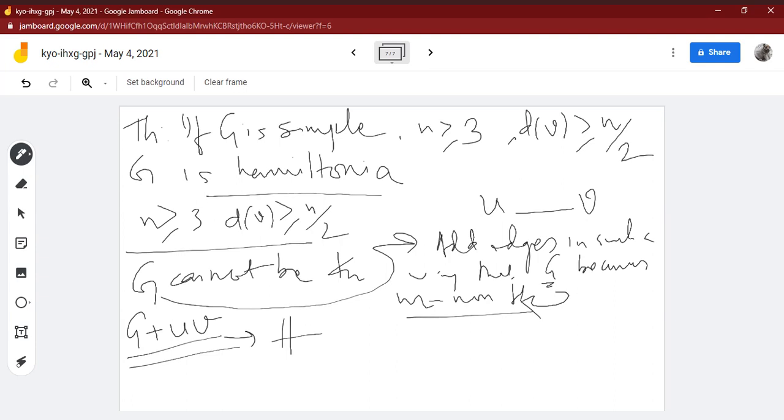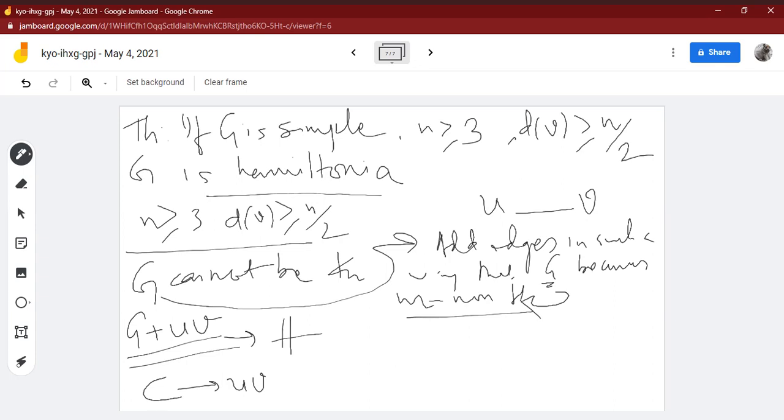Let C be the Hamiltonian cycle, and this C must contain the edge UV, because if it doesn't contain the edge UV, then G would be Hamiltonian. That's why C is the Hamiltonian cycle.